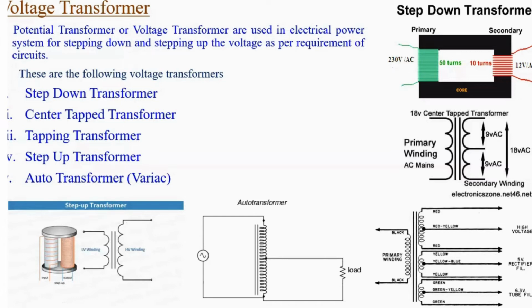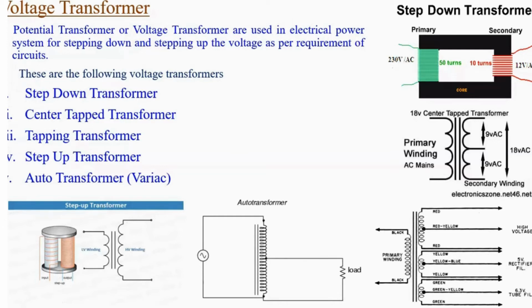Step down transformers are used maximum in electronics. In electronic circuits, we will use this type of transformer. In electrical circuits, step-up transformers, power generation, distribution, you will have step-up transformers. Auto transformers, television sets, variacs, there we will use auto transformers the most.